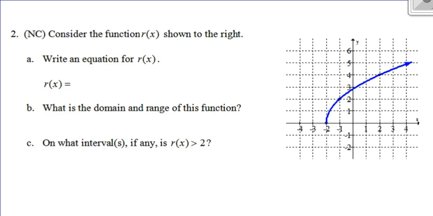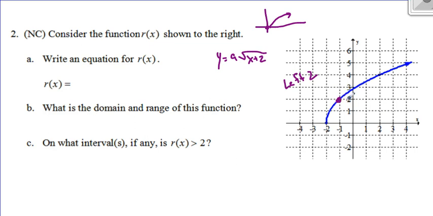All right, on this next graph, we're asked again to write the equation, and we should see that the parent function is the square root of x. I can see that it was shifted left 2, and so I'm going to write the initial equation as y equals a times the square root of x plus 2 on the inside, because it was shifted left 2. I'm going to pick another point right here.